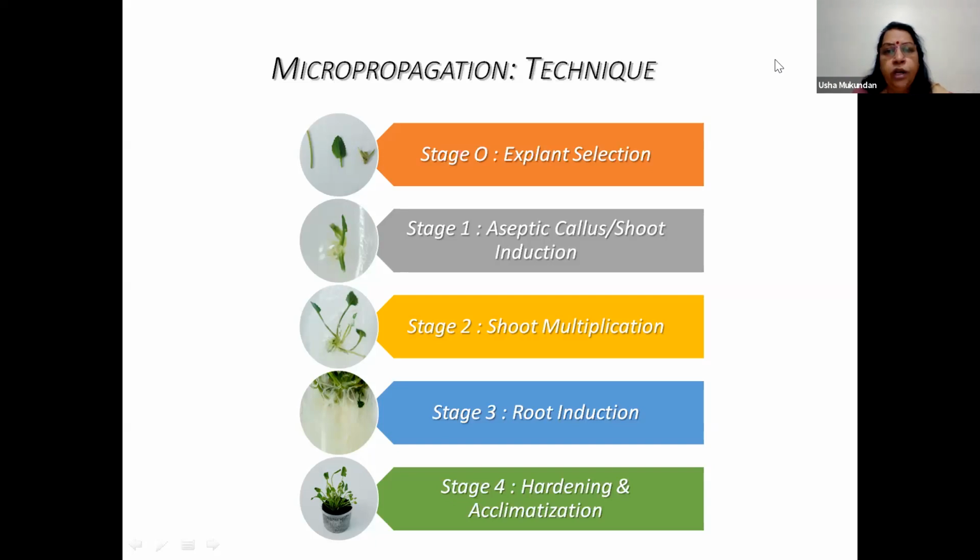If it is not comfortable with the new condition, it is going to turn brown, or become necrotic, or there will be leachates, or contamination, and as a result the explant may not survive. That means there is failure during stage 1. This stage becomes very important for the practical application of micropropagation.